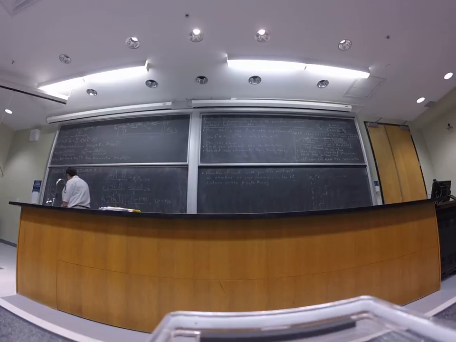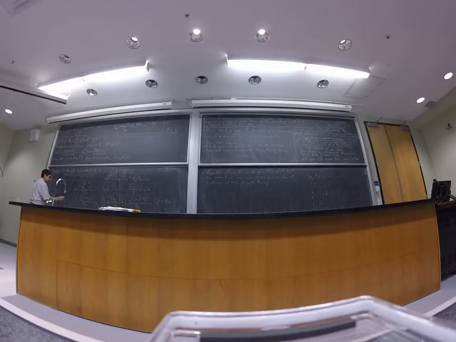So, we look at the first column of the roof array. That's the first column. And we look at the signs. Plus, plus, minus. There's a sign change here.